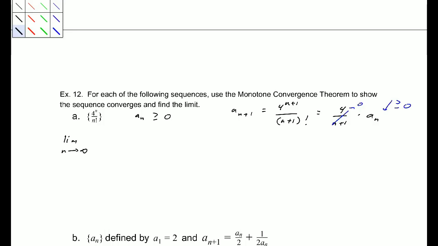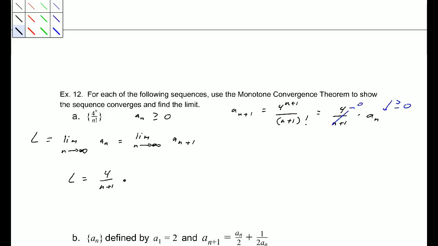Now what we are going to do next is a very common strategy. The limit as n goes to infinity of a_n is going to be the same as the limit of a_{n+1}, because in the long run, they are both heading to the same place. So let's say that that limit is L. Applying that, we have L equals the limit of a_{n+1}. Well, a_{n+1} is 4 over n+1 times a_n.